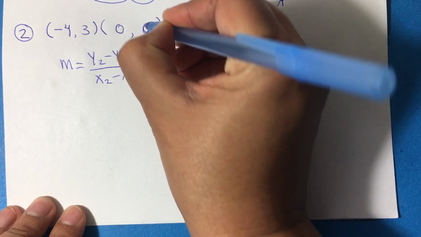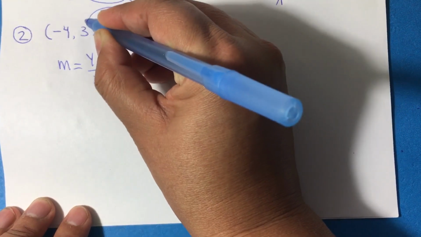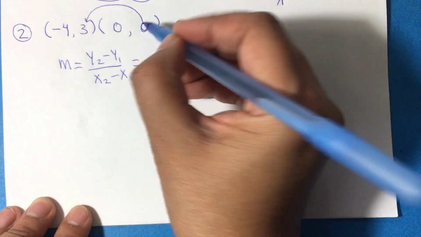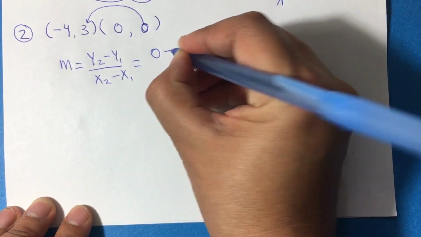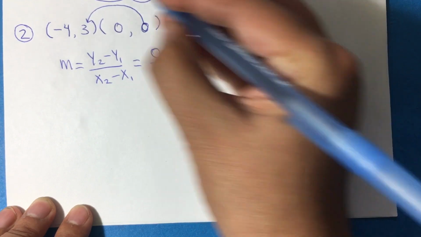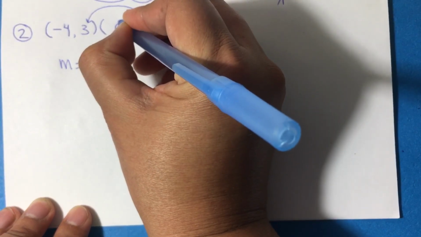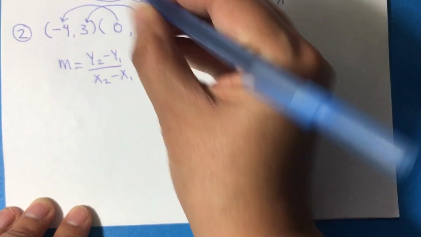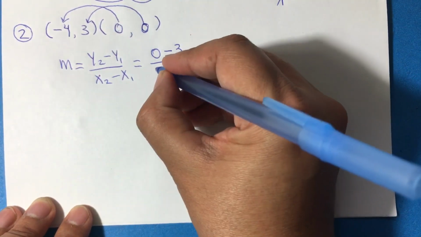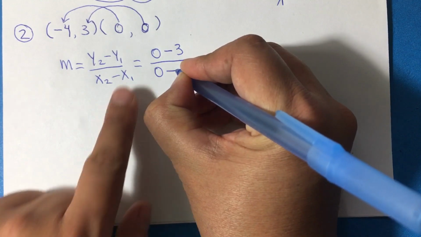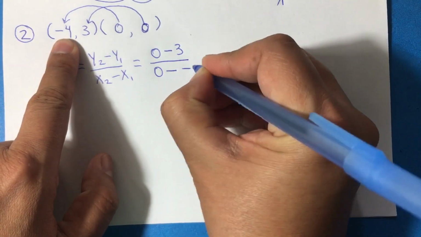So one dolphin jumps over, and that's for the numerator. So starts here, minus that. 0 minus 3. Over, now the x starts here and jumps over. 0 minus -4. 0 minus from the formula, and then you have -4.